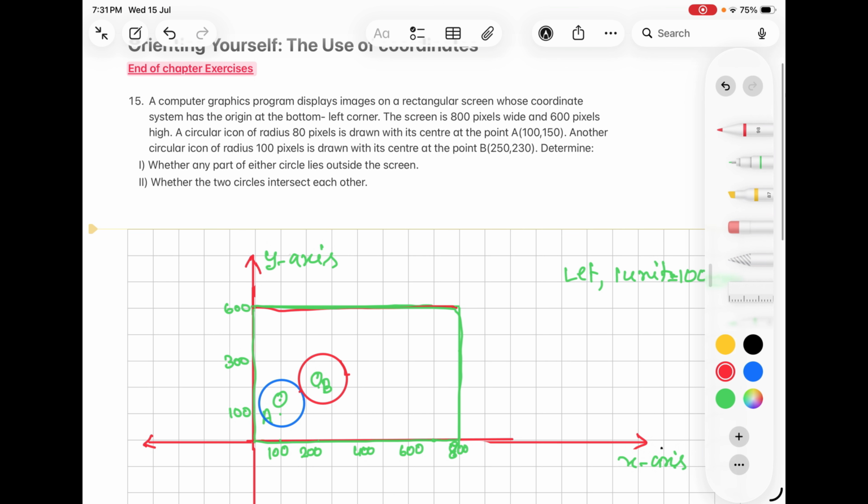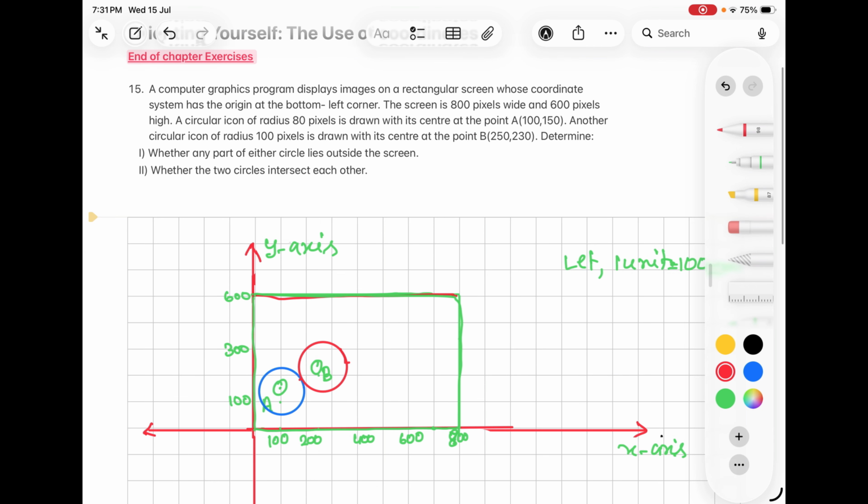So, first you take the unit as 100 pixel, 1 unit equals 100 pixel, like that. Then you take the measurement of the screen length and breadth. 800 is the breadth and 600 is the height. Then you plot two points A and B. The coordinates are given.